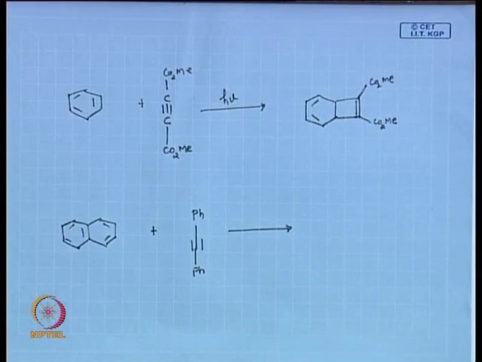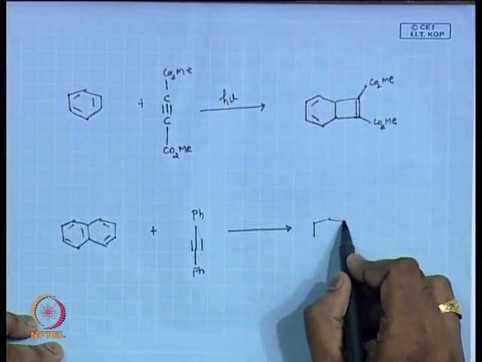So, what product can you think of writing here? Naphthalene, naphthalene with your alkene. It works 2 plus 2. Okay, nicely, 2 plus 2 happens here as the major product.